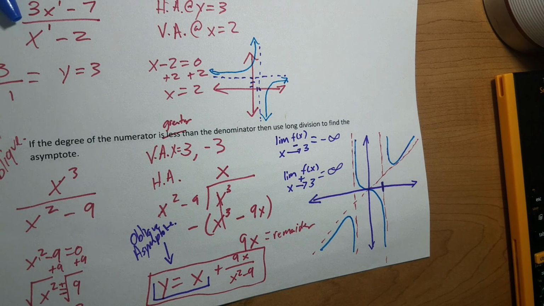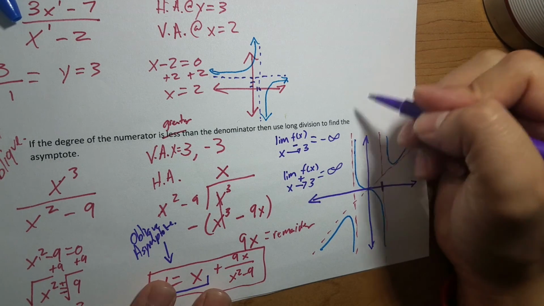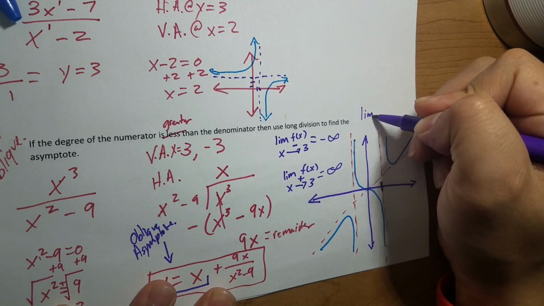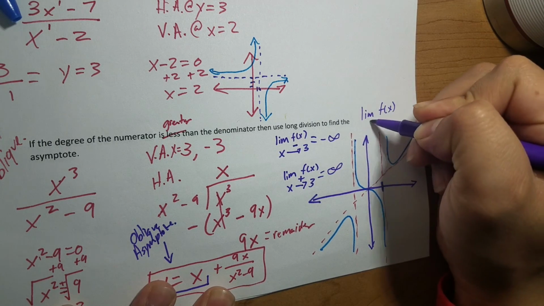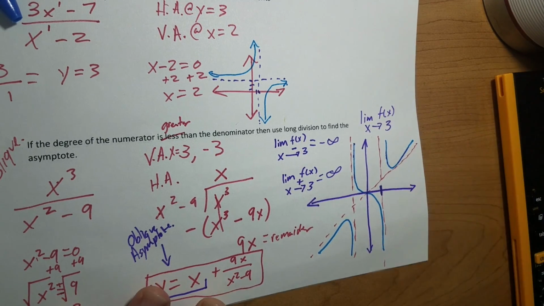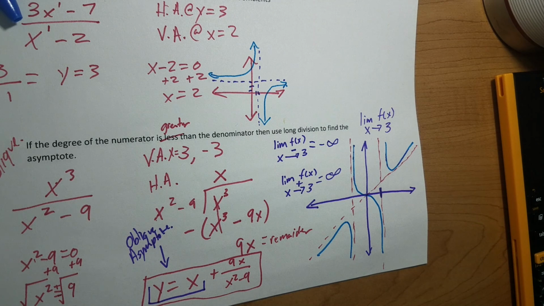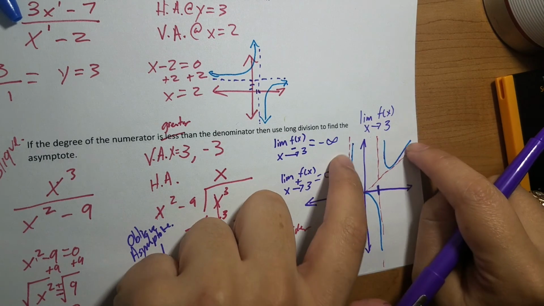Now, when they say the limit does not exist is when it doesn't go towards one specific spot. So, for example, let's say I said the limit of f of x as x approaches 3, but I don't specify from which side. I don't say from the left side or the right side. That means from both sides.